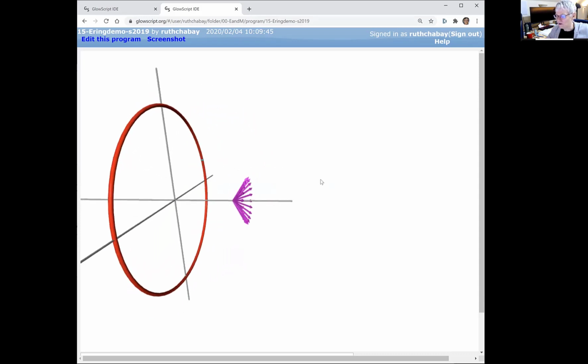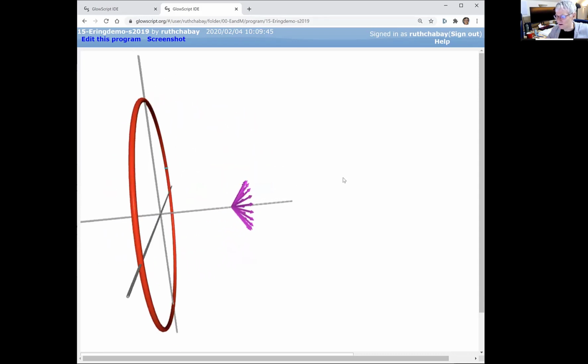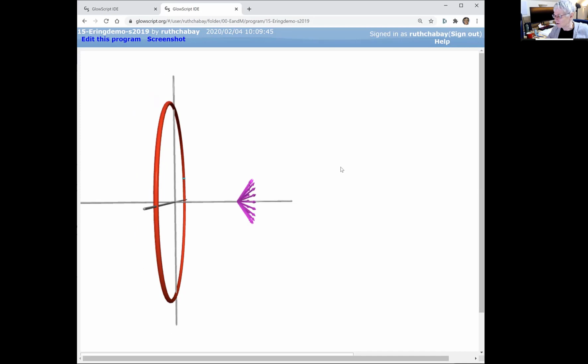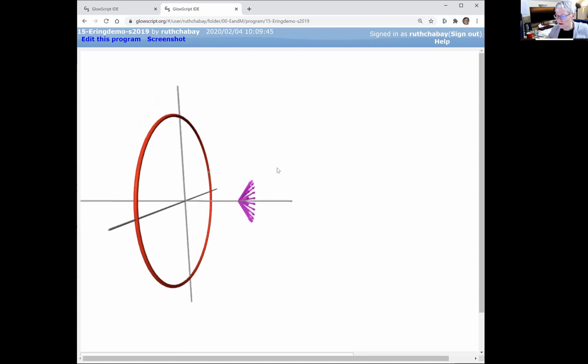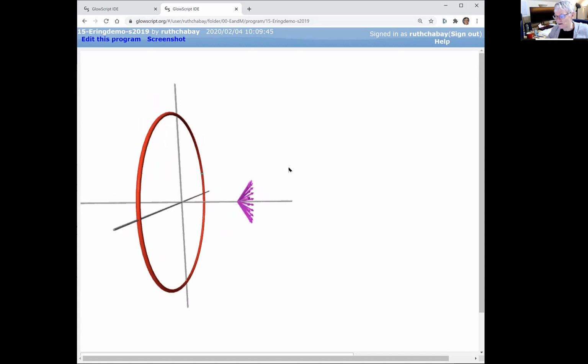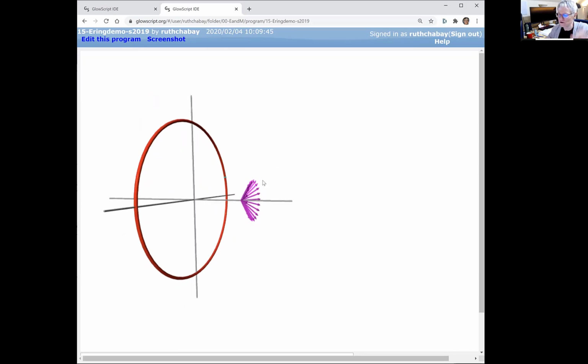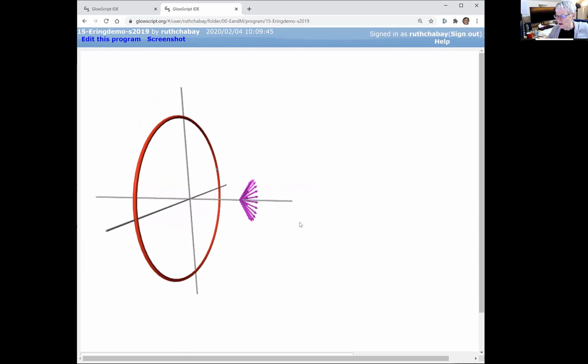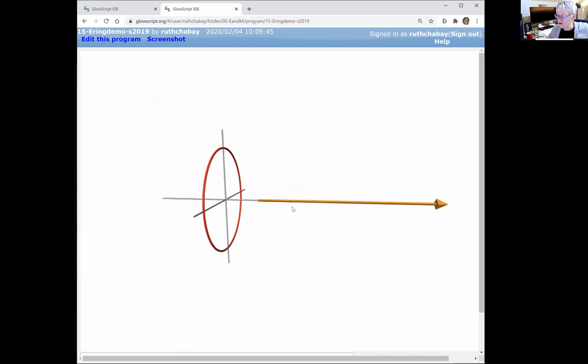And we can see that here are all the little delta E's we have to add up. And because of the symmetry of this situation, which is why we cleverly chose to do it on the axis of the ring, we are going to get a net electric field, and when we add all these, two of the components are going to cancel, even though we have this little 3D rosette of things, and we're going to get an electric field that just points along the axis of the ring.